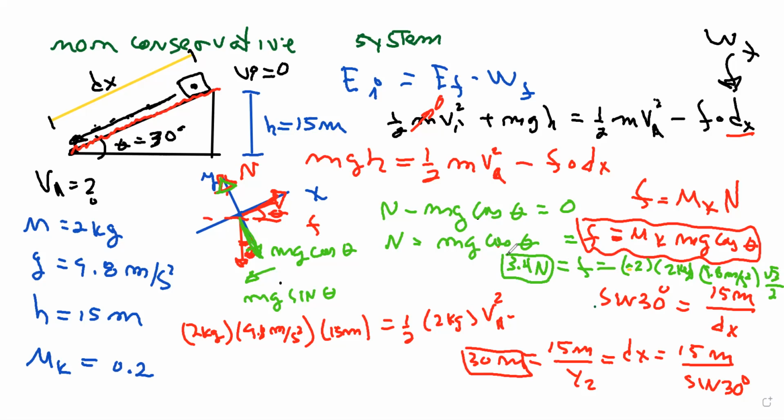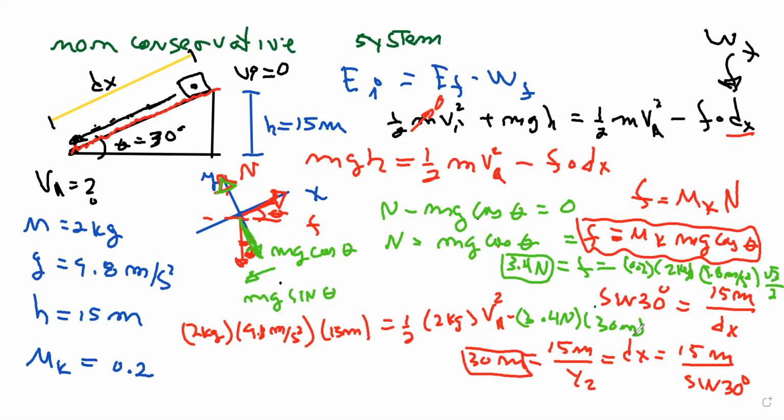Let's do here everything correctly. It's going to be 0.2 times 2 kilograms times 9.8 meters per second square times the square root of 3 divided by 2. So it's going to be 3.4 newtons times 30 meters.